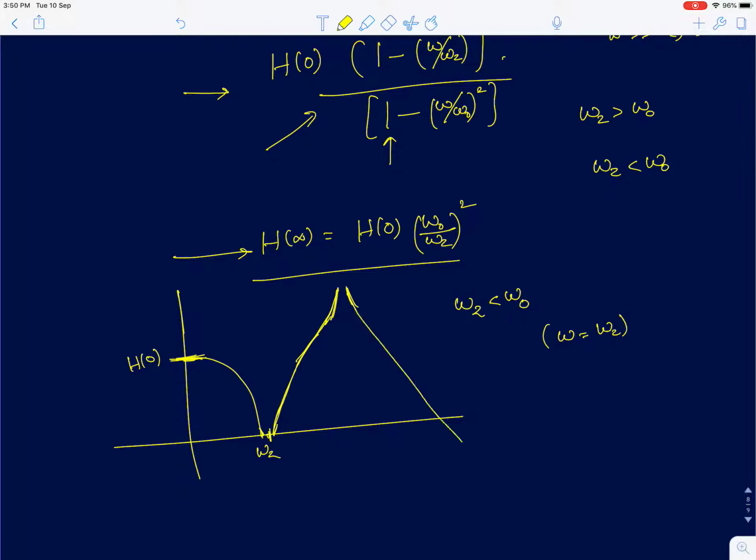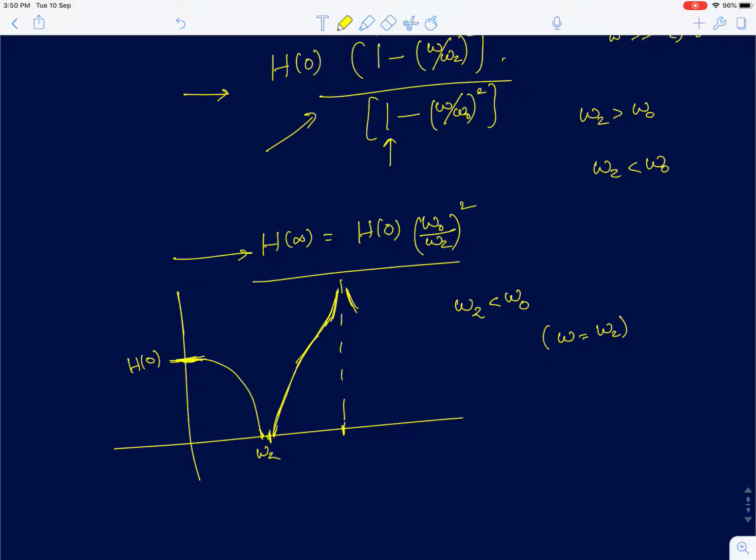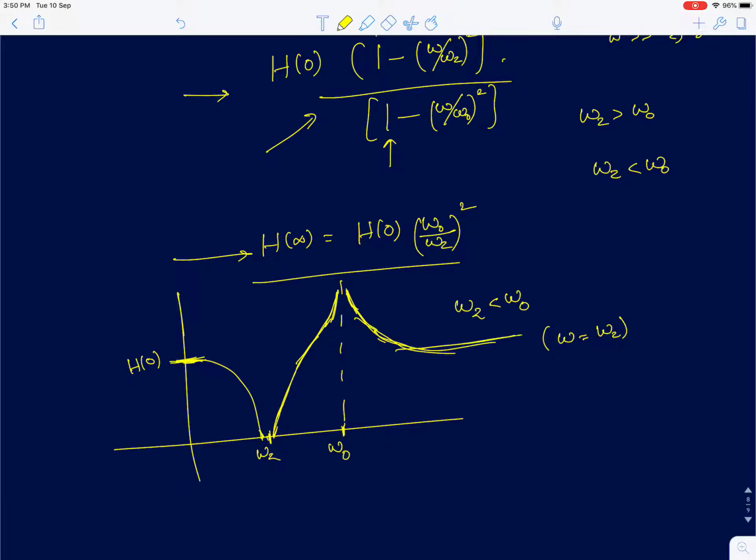I'm sorry, this is not going to roll off. So at omega equal to omega naught, the function is going to blow up to infinity. After that, at higher frequencies, we are going to get a constant value, and this value is h infinity, which I've defined here.